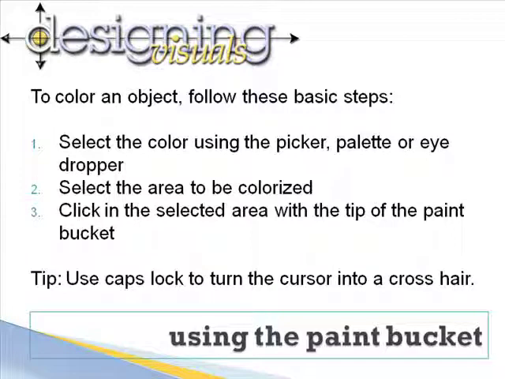If you use the caps lock key, the cursor will turn from the paint bucket, or any of the other tools for that matter, into a crosshair, and that crosshair precisely locates the action of the tool. So whether it's the paint bucket or the pencil or brush or whatever tool, the eraser is hard too. It's just a big rectangle. When you're using the eraser, it's a good tool to turn the cursor into a crosshair, and then you know exactly where to use the tool. And we'll see that in just a moment.